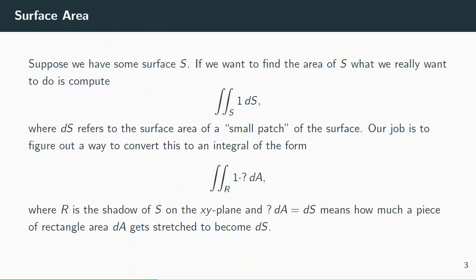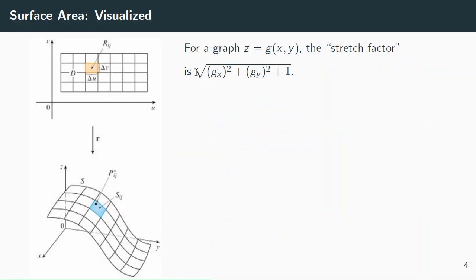Okay? And so what's going to happen then is a surface integral. For example, if you wanted surface area, you could just integrate the one function with respect to that surface patch, and that'll give you the total surface area. If you wanted to do that, though, you'd want to switch it. You'd want to look down underneath the surface, dA, the shadow of the region, right? And then you just have to know what that stretch factor is. But we saw a minute ago what that stretch factor is. It's just the square root quantity.